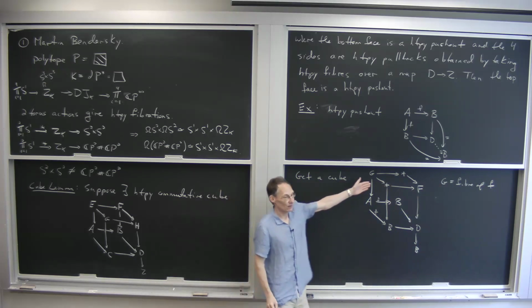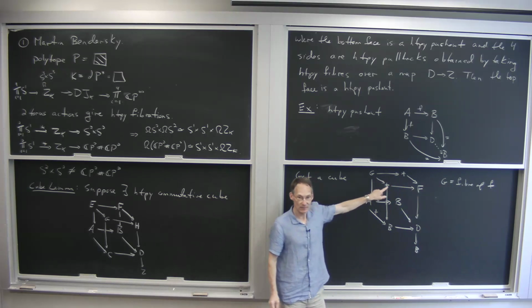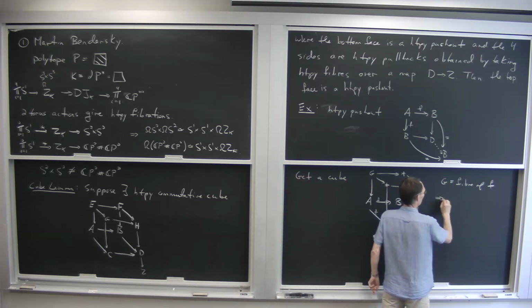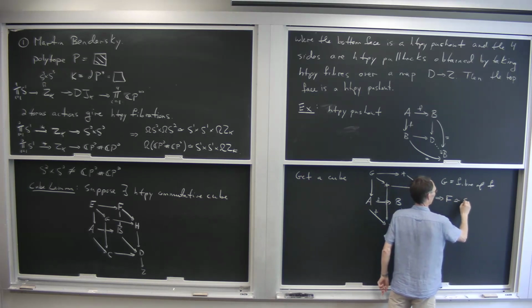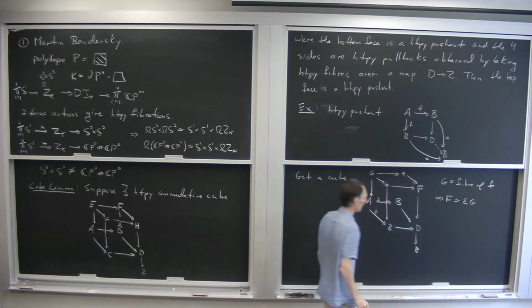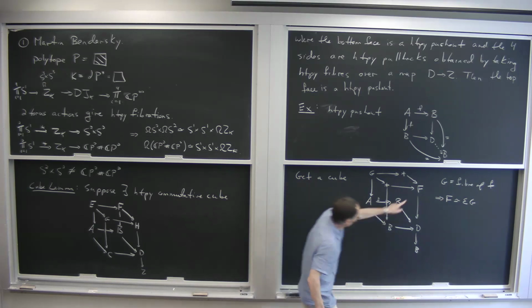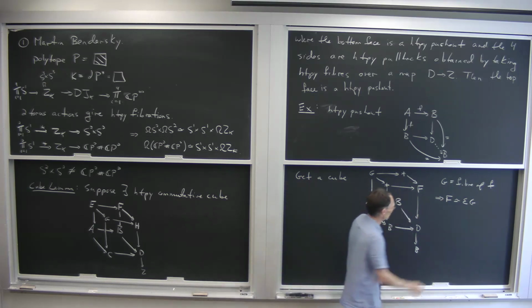And the fact that this is a homotopy pushout along the top says that F must be the suspension of G. So this is a homotopy fibration.